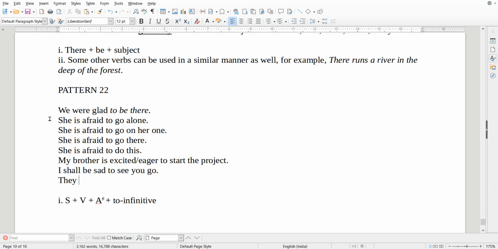They were anxious to get the work done. Maybe they were anxious about something, so they were anxious to get the work done. So this is the infinitive phrase.